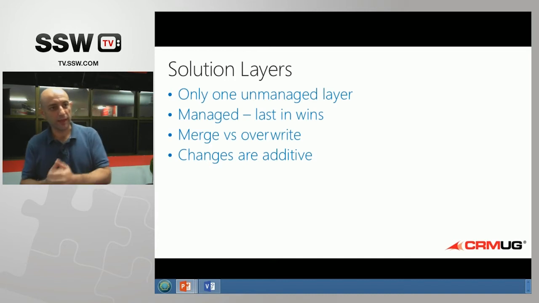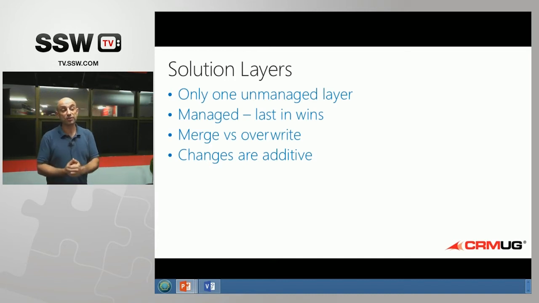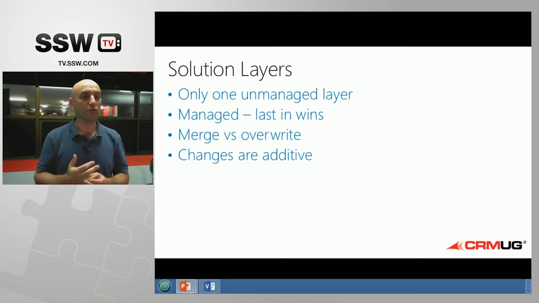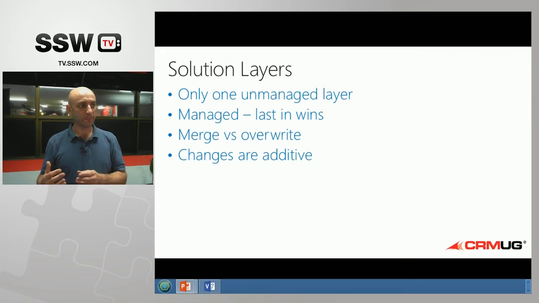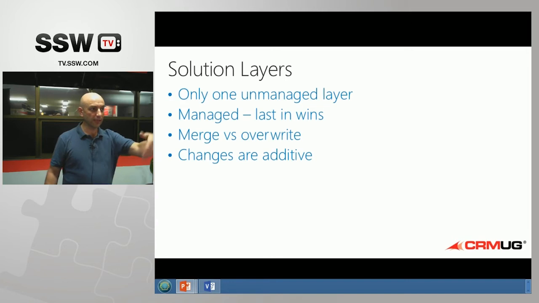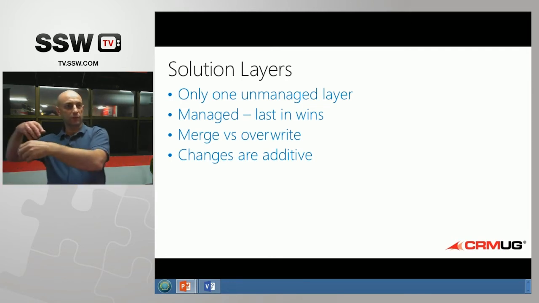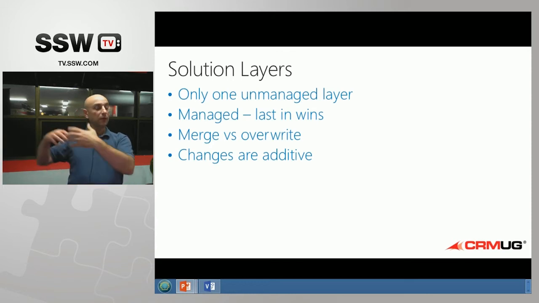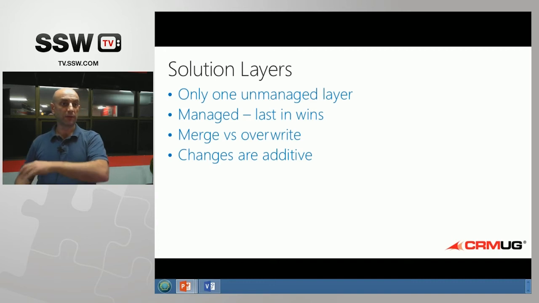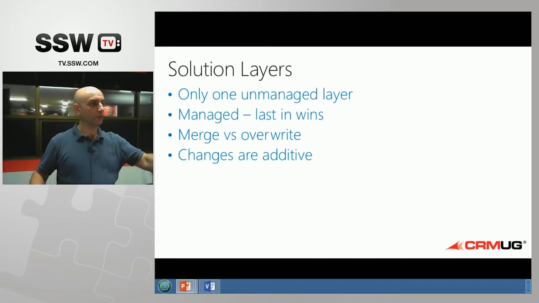The one thing, again, important thing to remember, changes in CRM are additive. Whatever you do with the solutions, you cannot remove stuff by importing a solution. Does it make sense? If you added some element, let's say I added ACN, and I produce a different solution, with the same publisher, that is me, same solution name, different version, that doesn't have the ACN number, neither on the form nor in the entity.